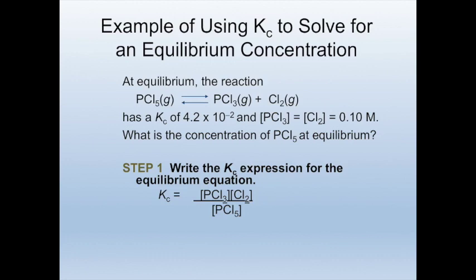Given that information, what is the concentration of phosphorus pentachloride at equilibrium? We start by writing our equilibrium constant expression for this particular equation. So we have products in the numerator and reactants in the denominator, and there are no coefficients greater than 1, so the powers are all equal to 1.